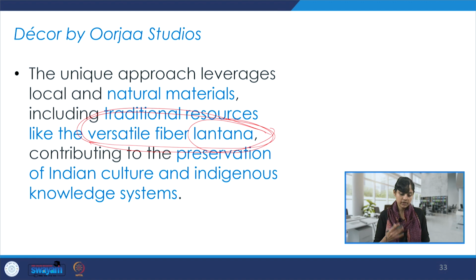And during my other NPTEL course, which is Role of Craft and Technology in Interior Architecture, I have talked a bit about Lantana and its origins in Uttarakhand and how it can be utilized for creating certain interesting designs through the knowledge of the community and the skills they have, through which lantana can be processed and converted into very interesting products. So they also use this material a lot, and then they design very interesting lamps and lighting fixtures out of it.